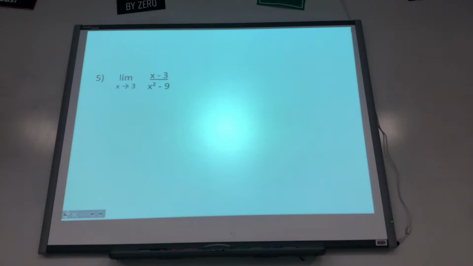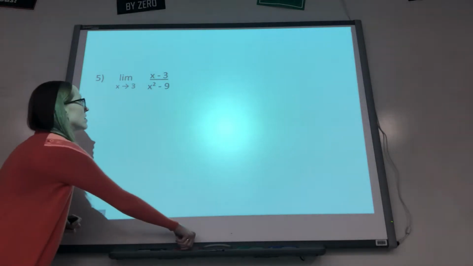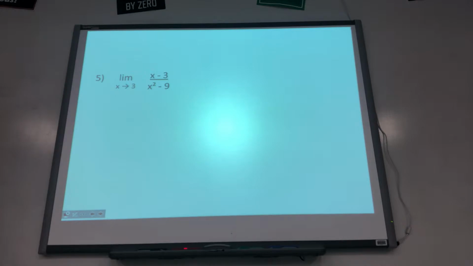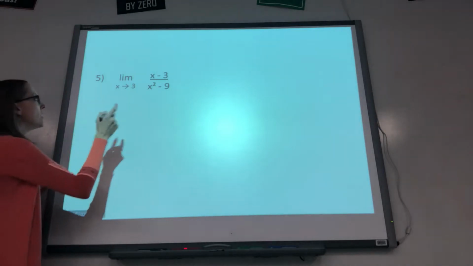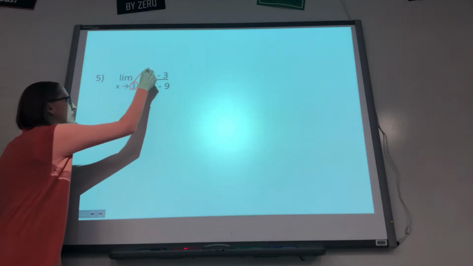Okay, so let's see what we get here on number 5. We need to find the limit as x approaches 3 of x minus 3 over x squared minus 9. Here I go, direct substitution.